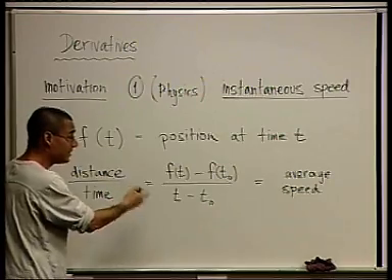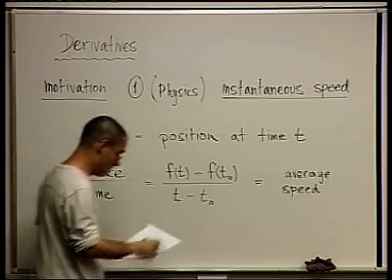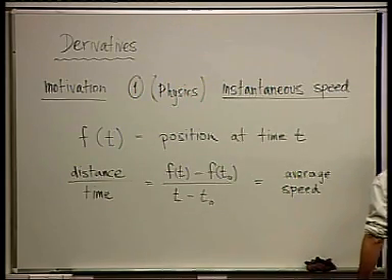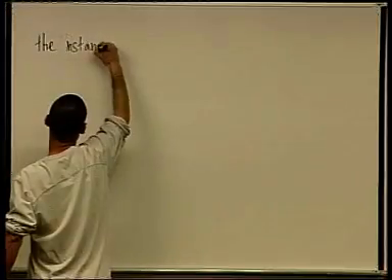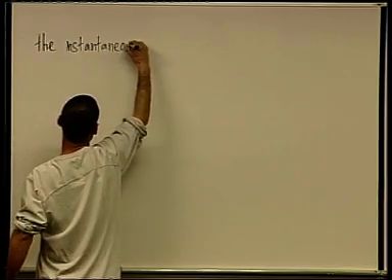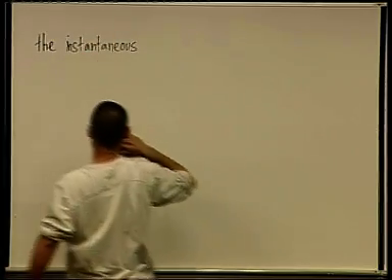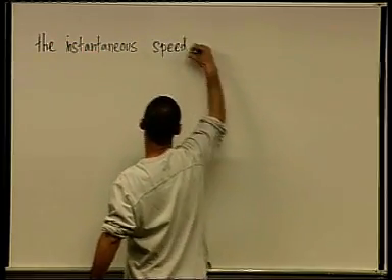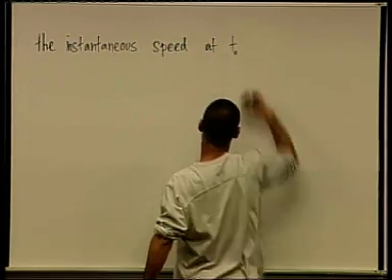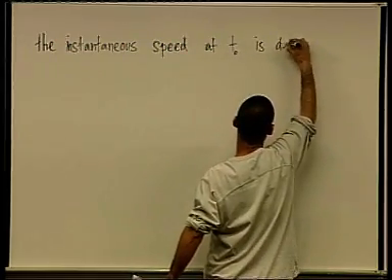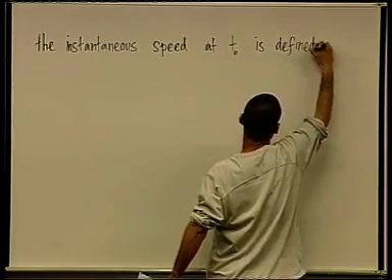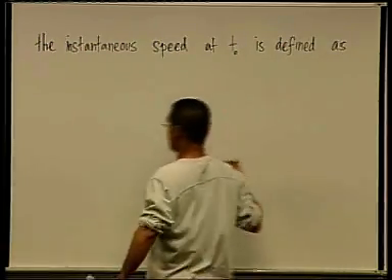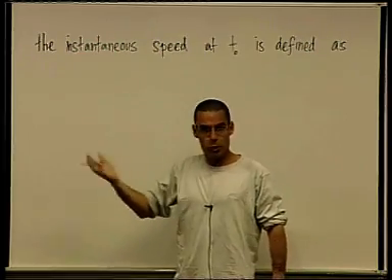So the idea is that we want to define, so that's what I'm going to write, the instantaneous, I don't want to write this word again today. This is too many letters. The instantaneous speed at t0 is defined as, and we're grown-ups.